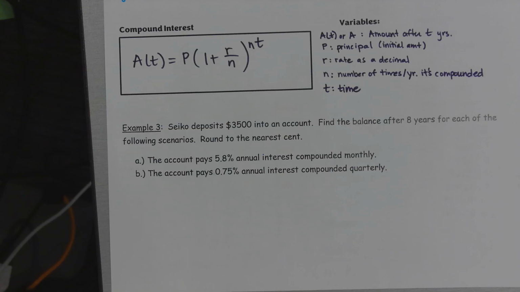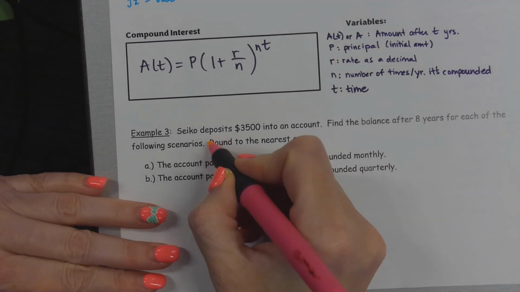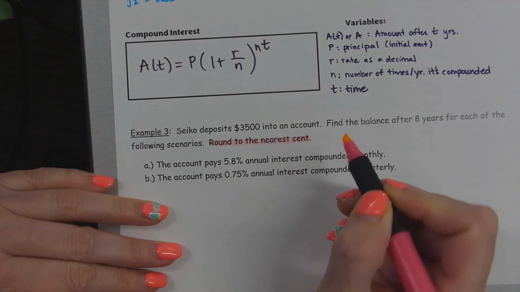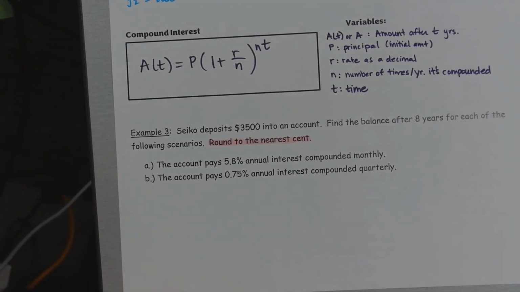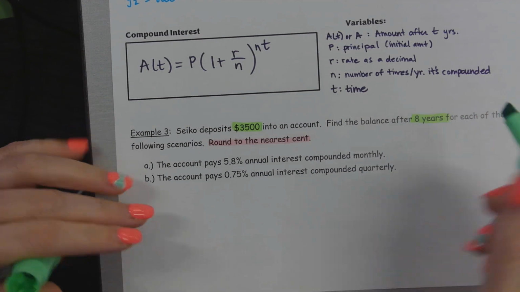Okay, money is always rounded to the nearest cent, so even if it doesn't say that, you need to do that. Okay, the nearest cent is how many decimal places? Thank you. Okay, so the nearest cent is 2 decimal places. Okay, so we have this 3,500 that we should have highlighted, and then this 8 years.